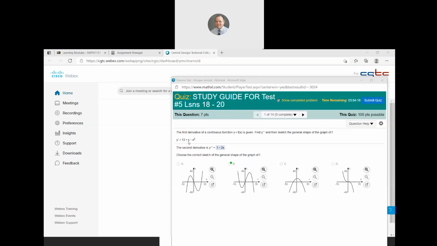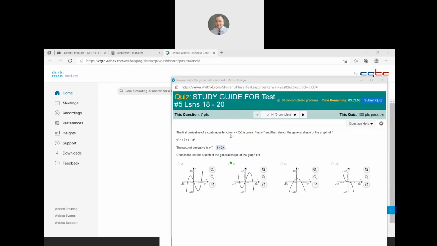The derivative of 1x is just 1. And the derivative of negative x squared is negative 2x, using the power rule for derivatives. So we got the second derivative, no problem.